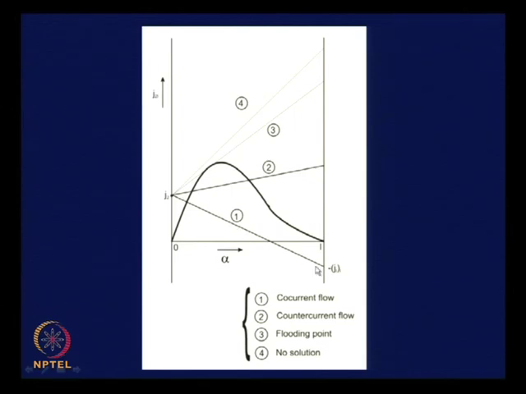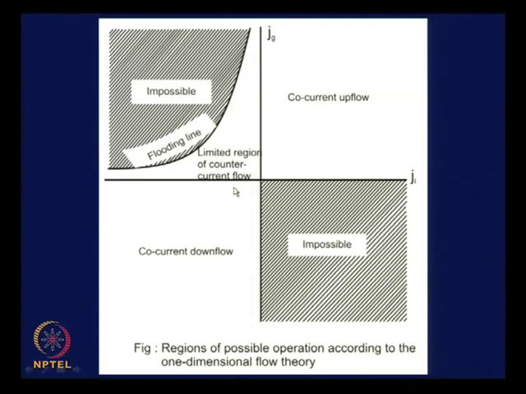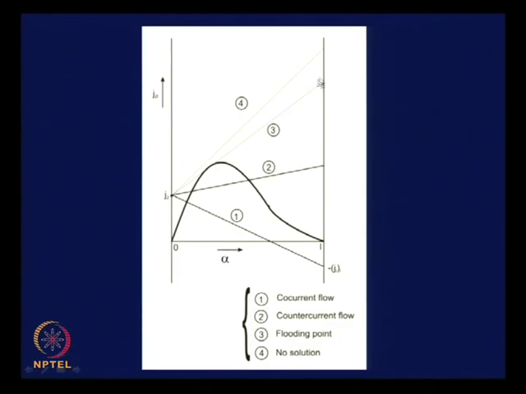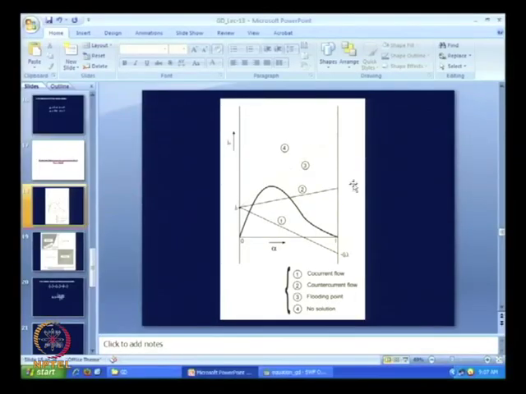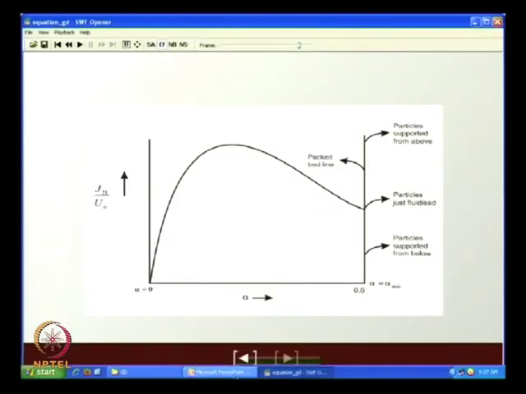This is for co-current downflow, this is for countercurrent flow, where countercurrent flow with liquid down, gas up, and I have shown all the things in this particular case. After this, one more thing I would like to tell you under this particular flow situation.